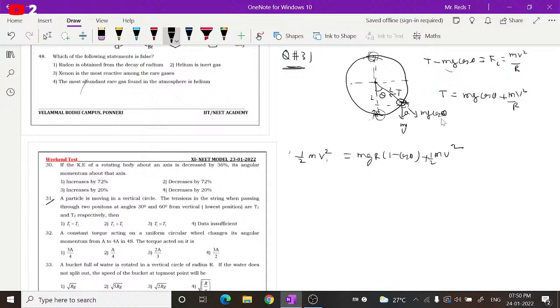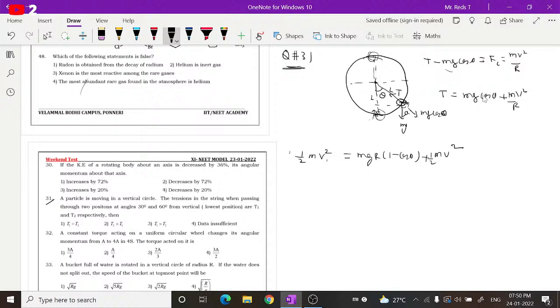But you are asked to find which relation is correct here, so there is no need to do all these simplifications. In the simplest way, you just have to compare. If theta increases, what happens? With the increase in theta, velocity will decrease. The other point is, as theta increases, cos theta will decrease, and hence this term will decrease.